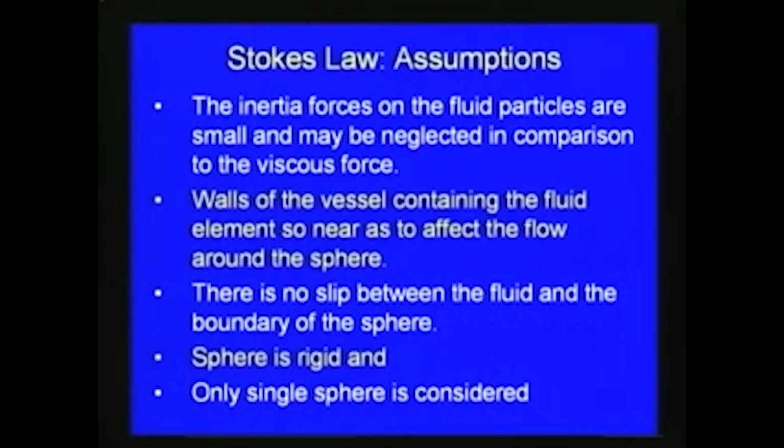Also, some other assumptions like no slip between the fluid and the boundary of the space, and he also assumed that the sphere we considered is rigid, and to derive a solution he used only a single sphere.